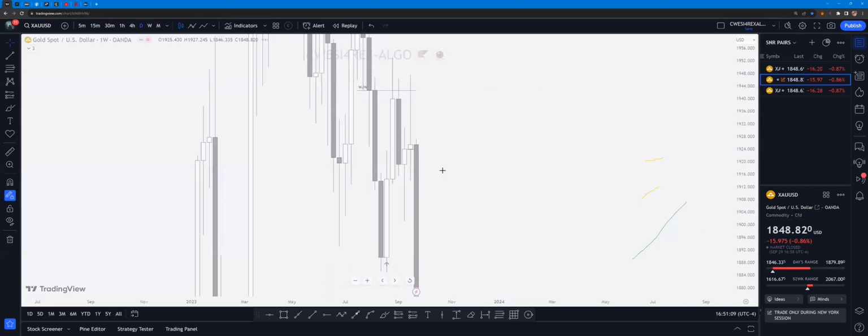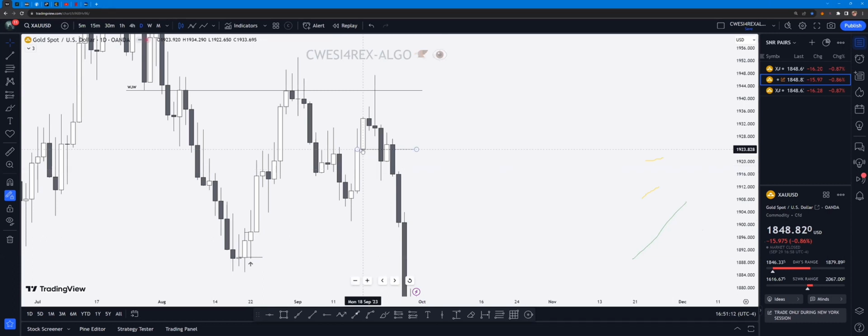On the daily time frame, you can see we have this daily breakout over here. If we have this daily breakout, we look for a pullback, and then we can make our entry. So we wait for the pullback, then we can make our entry over here.